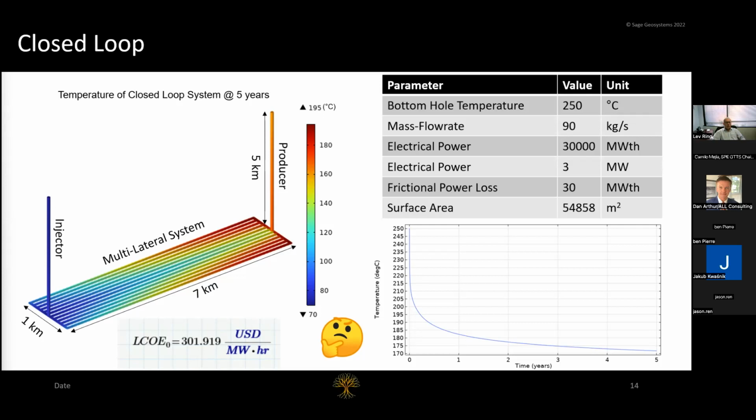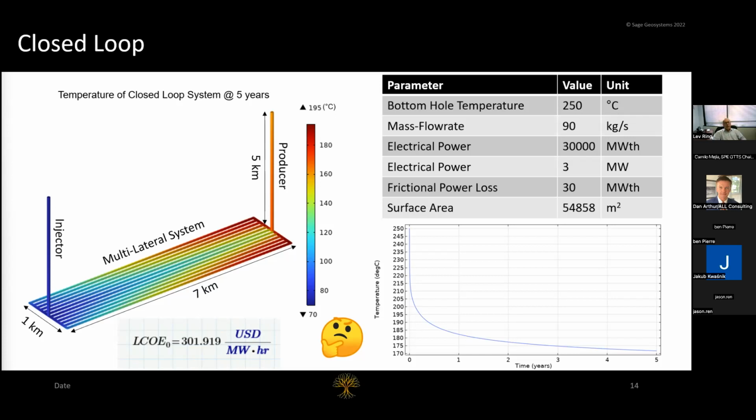But for a closed loop heat exchanger, let's imagine that you have an injector, you have a producer, and you have 12 horizontal sections, legs, each 7 kilometers long or 21,000 feet long. I understand that it's impossible to drill, but let's assume.